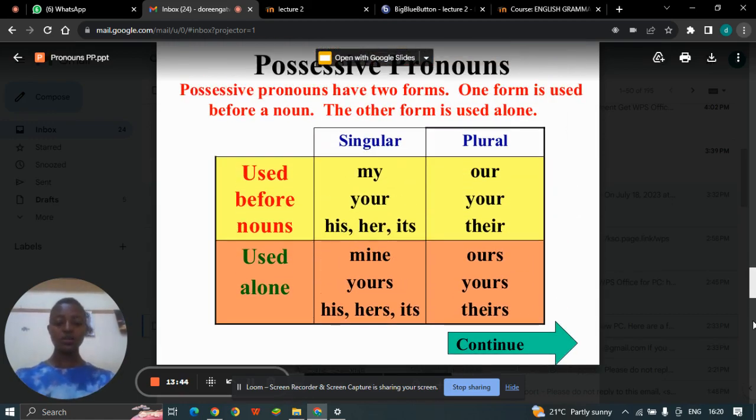I want you, in your own free time, before we meet next lecture, I have indicated it in the discussion forum. Discuss the use of demonstrative pronouns, the use of this, that, those, and there is some question you have to attempt so that next lecture you can join us.